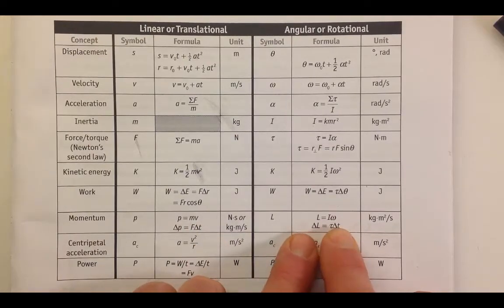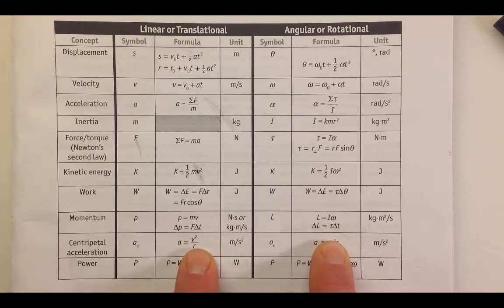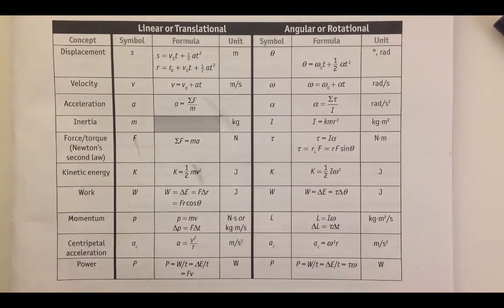Same is true for angular momentum. Angular momentum is rotational inertia times angular velocity. Notice the similarities there. And likewise, angular momentum of a system will be conserved so long as there is not a net external torque acting on the system.